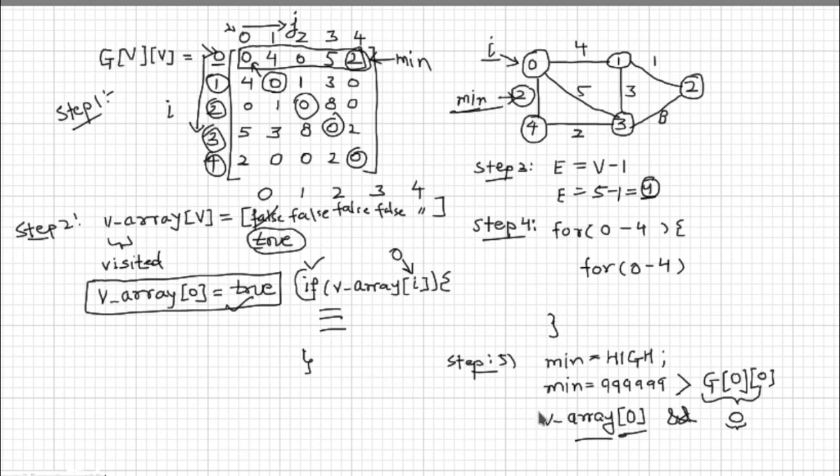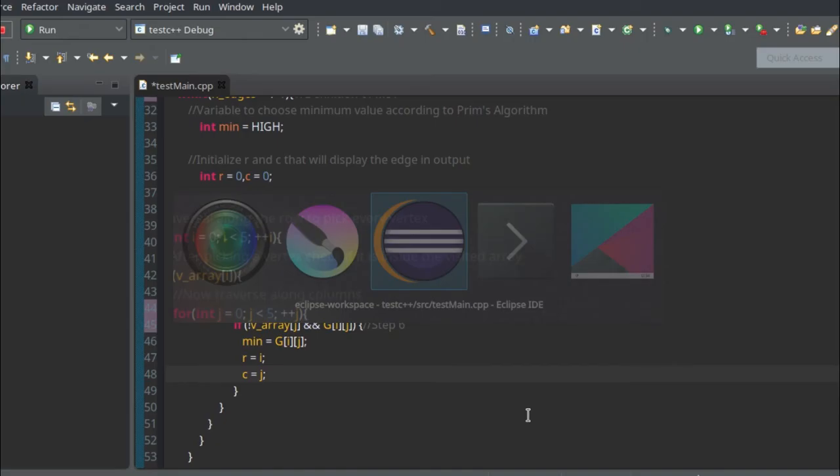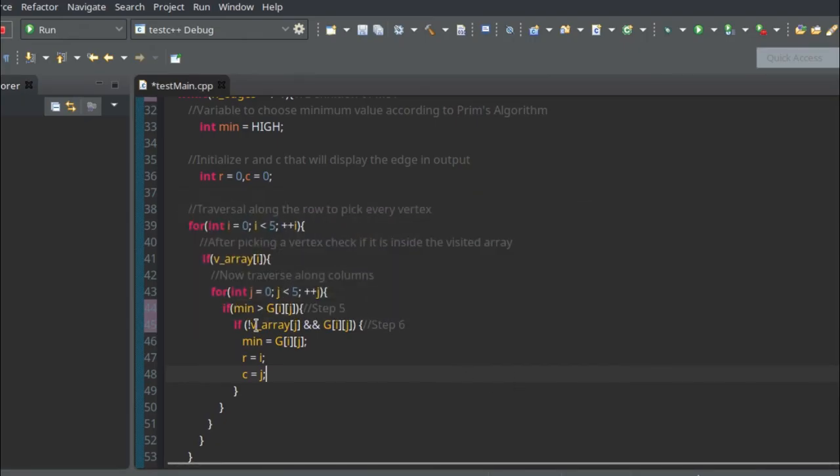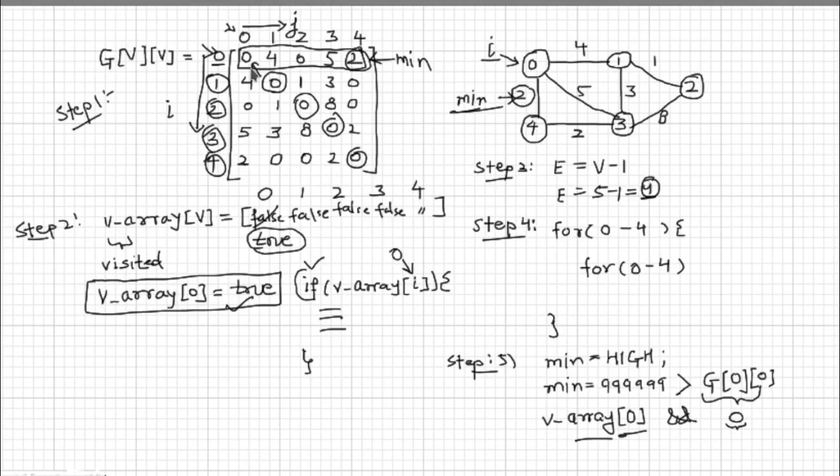Alright, so let's see what will happen in the next iteration. In the next iteration, the value of j will get incremented to 1. This whole if case is there because we are not concerned with the values that are 0.